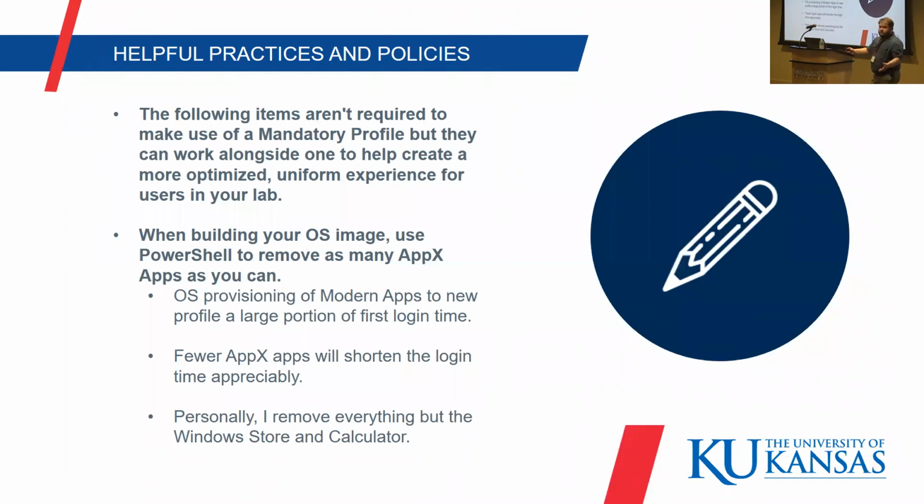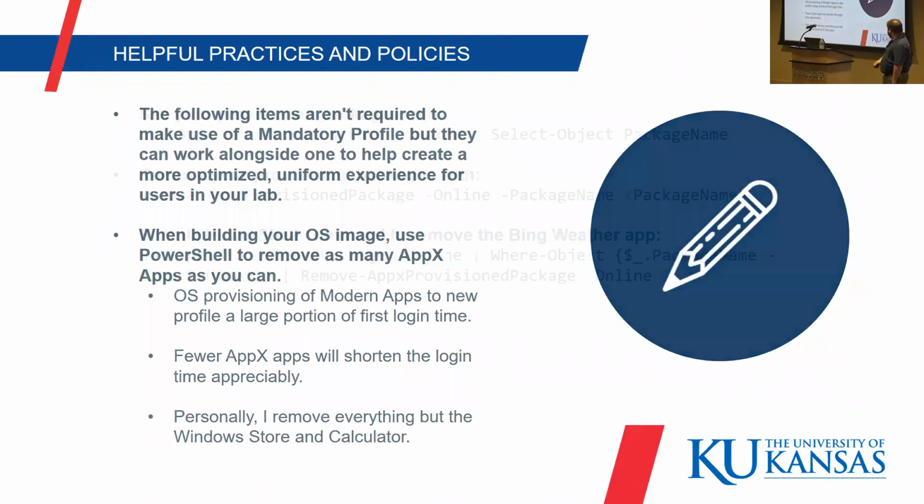Those are, again, the modern apps that they've been pushing out since Windows 8. Fewer AppX apps means shorter login times, because every single one of those has to be provisioned on first login for every user. Personally, I remove everything except the Windows Store and the Calculator, and we've been doing that for about 18 months, and we haven't gotten any complaints, so I'd say it's safe in most situations.